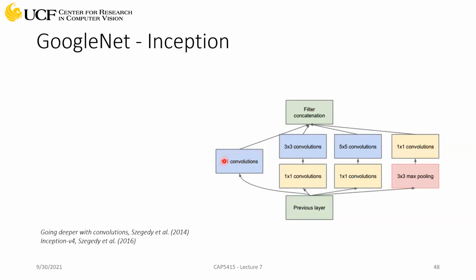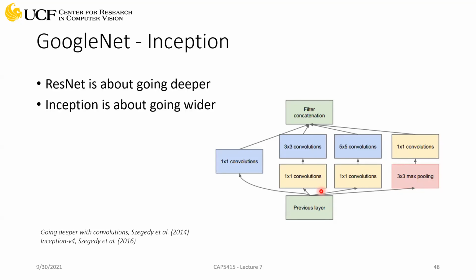So you use convolution with very small filters, just 1 cross 1, which is just doing a transformation on that pixel value. You can also learn 3 cross 3 and 5 cross 5. And you can have a 1 cross 1 after max pooling for translation invariance. So it's just one layer, but you have all these variations, and this helps you in learning better features at different scales.